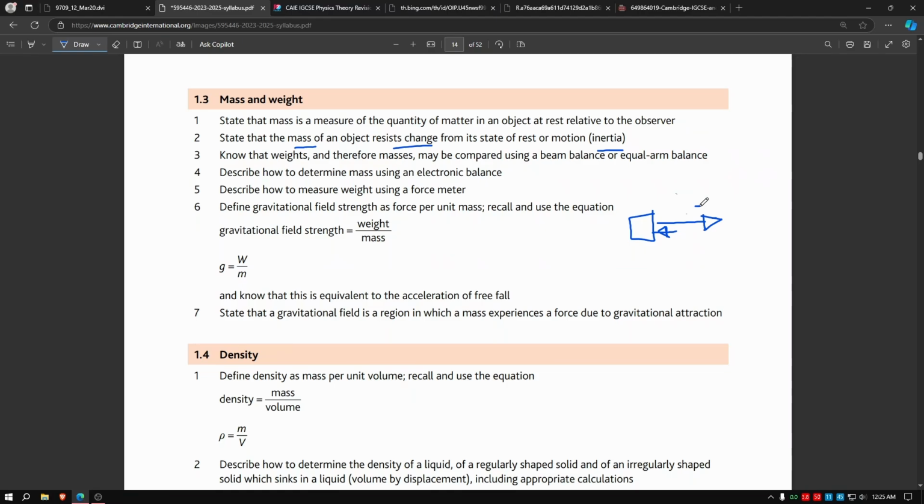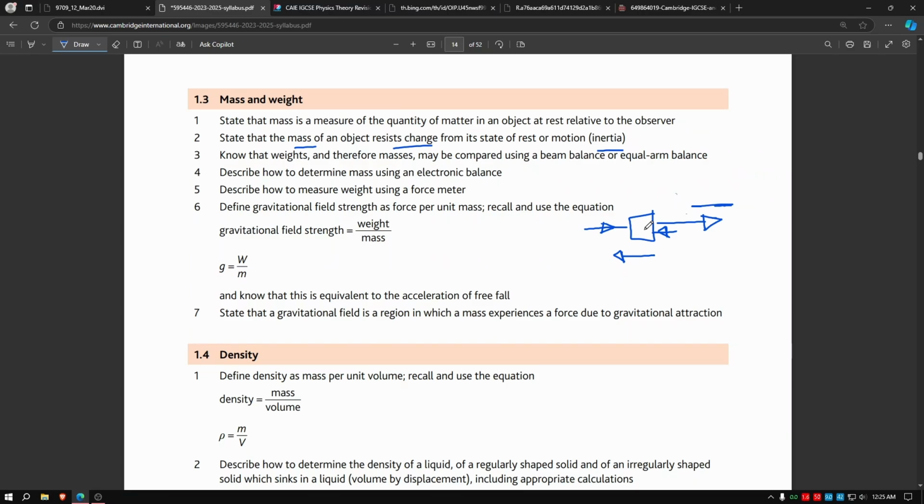Why? Because it is already moving towards the right, and if you try to move it towards the left, the box will obviously disagree with you. And you might be surprised to know, but if you want to move the box more towards the right with more speed, the box will still try to resist you.